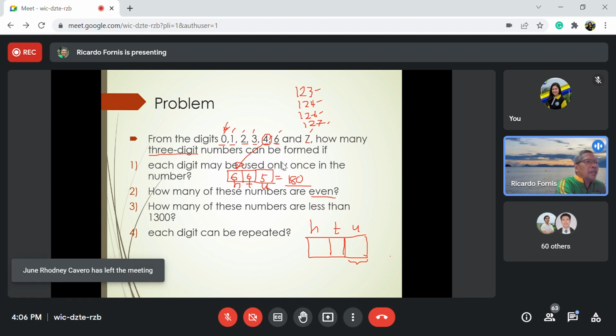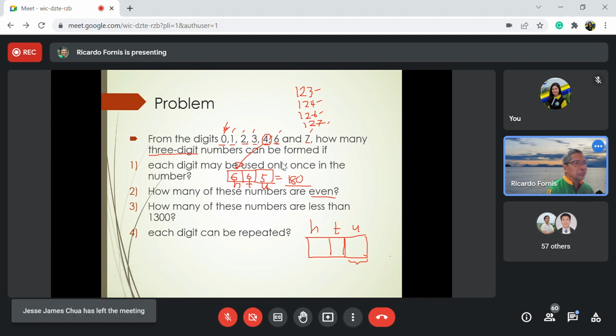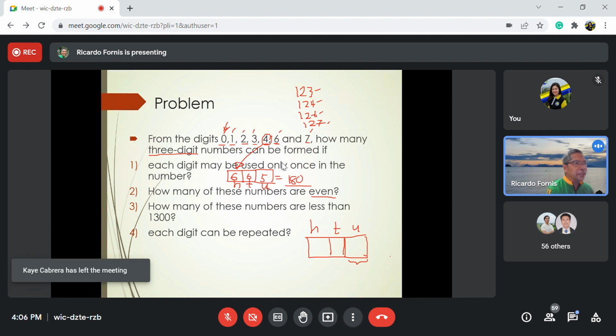Let me ask Almedelia Lance. Almedelia, if you don't have a microphone, you just type the answer. How many ways can we assign a units digit if we are going to form an even number? Hello, Almedelia, are you there? Yes.